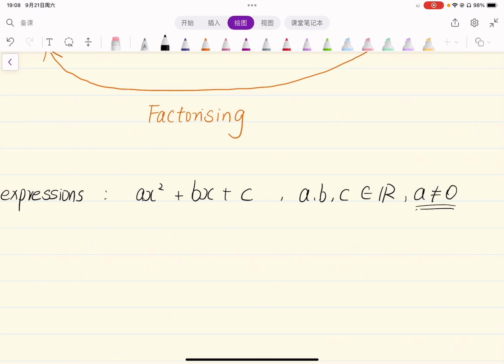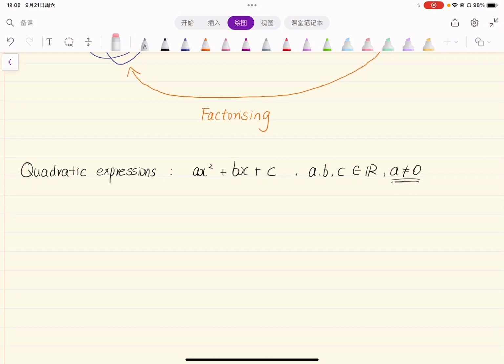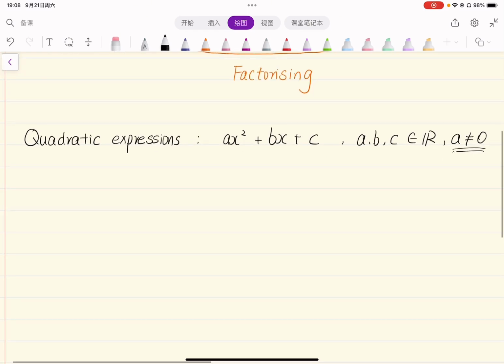This is important. If a equals 0, we only have bx plus c. So a does not equal 0. So how do we factorize this kind of expression? Let's do an example, for example 2x squared plus 5x minus 3. How do we factorize it?